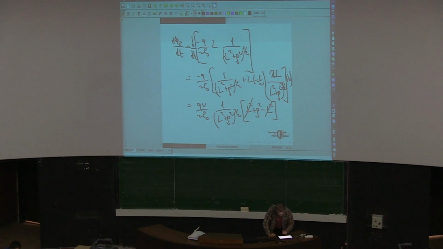And this is what we end up having: rho squared over L squared plus rho squared to the power 3/2. Okay, so this is how the total flux going through my area changes as a function of time.